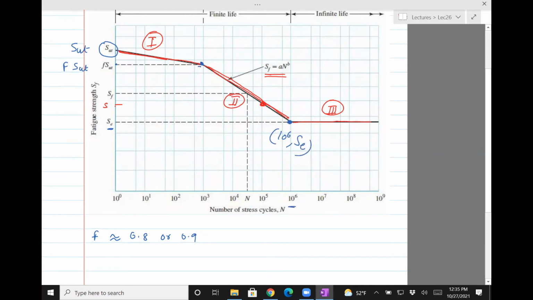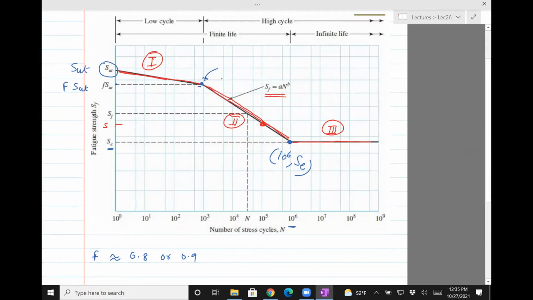And this point is 10 raised to 3 cycles on the x-axis, and then f times S_UT. So given that you know these points, it's very easy to draw a line here, right? Because you know the coordinates of this point, x is 0, y is S_UT.